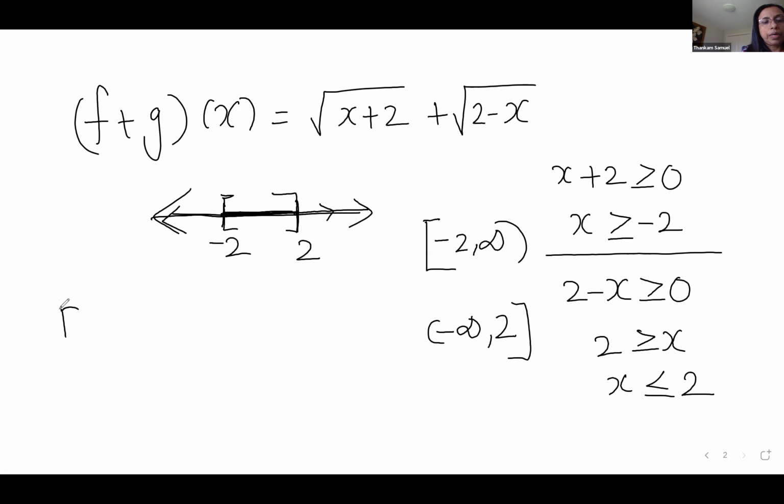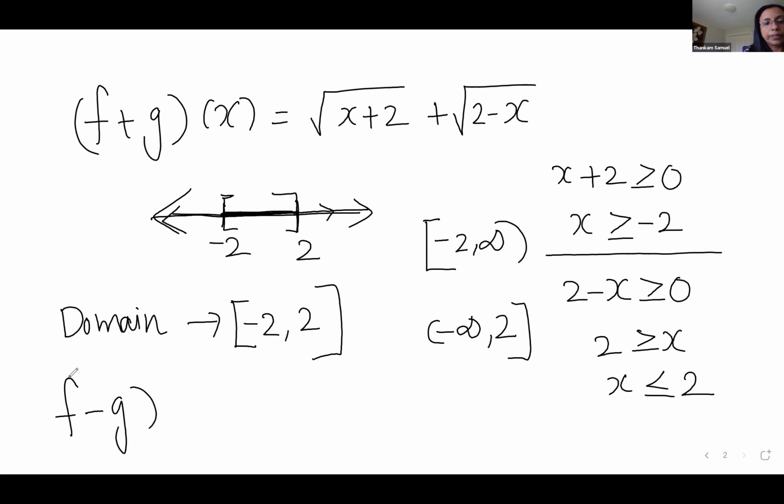So the domain of this function is bracket -2 to 2. So we have already found what is f minus g of x.